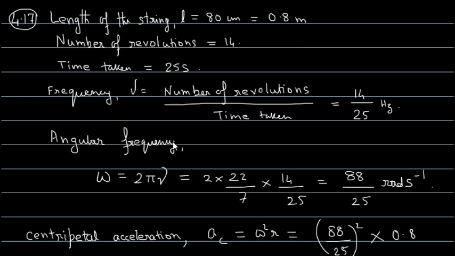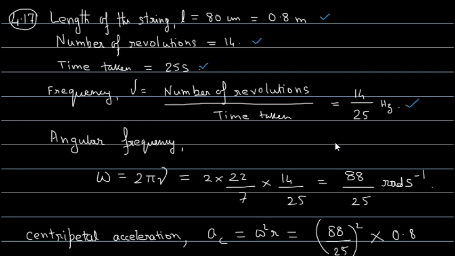So the solution: length of the string is 80 centimeter, that is 0.8 meter. Number of revolution is equal to 14. Time taken is equal to 25 seconds. Frequency nu is equal to number of revolution upon time taken, that is 14 upon 25 hertz.